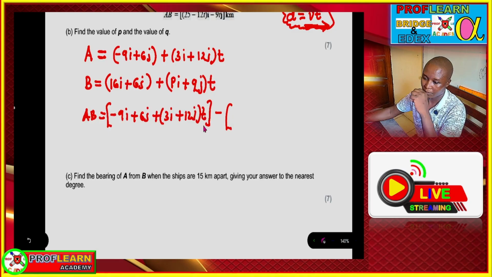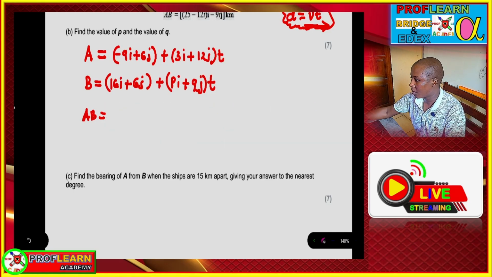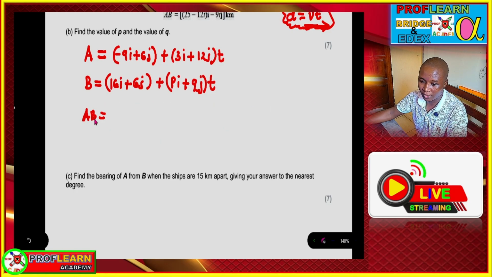I've written this wrongly. For us to find the position vector of AB, it will be B minus A.